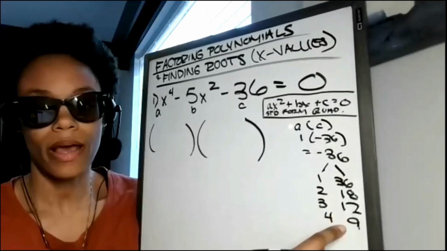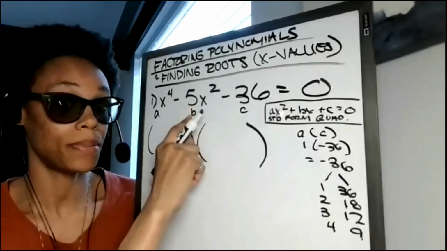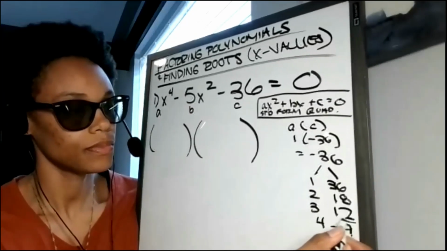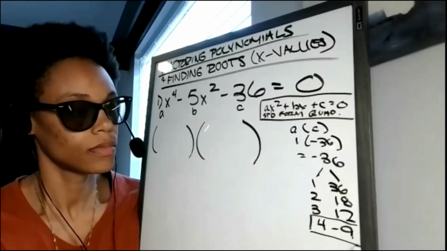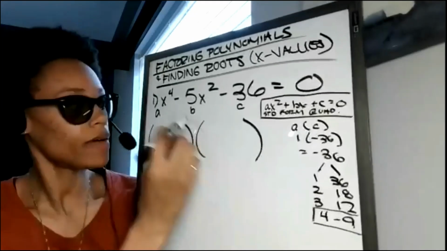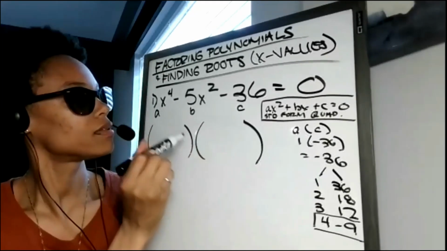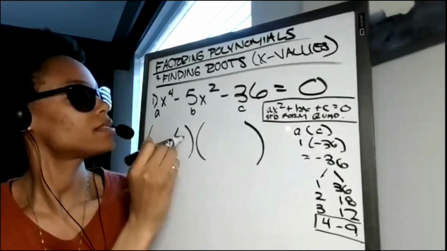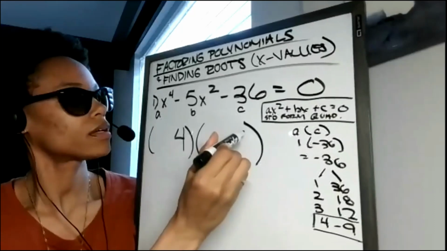And which one will that have to be to add up to negative 5? It'll have to be negative 9. So these are the terms in these new factors: positive 4 and negative 9.